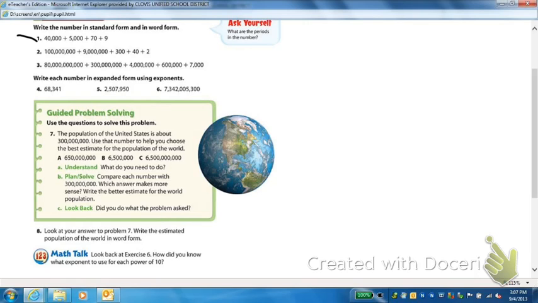So number 1 here, it's in expanded form. They want you to write the number in standard form and word form. So I see I have 40,000, 5,000, 70, and 9. So this is going to be 45,079. Not that way.